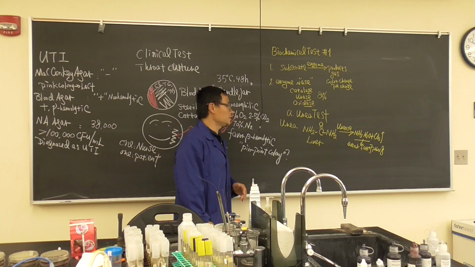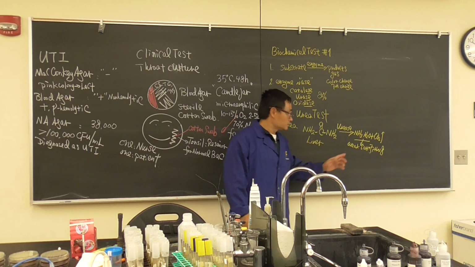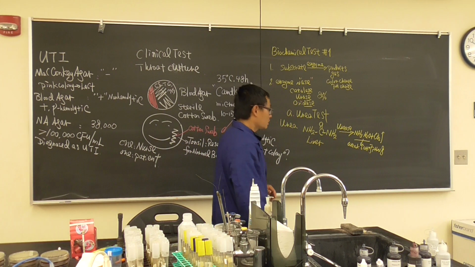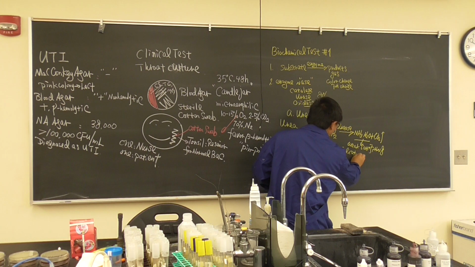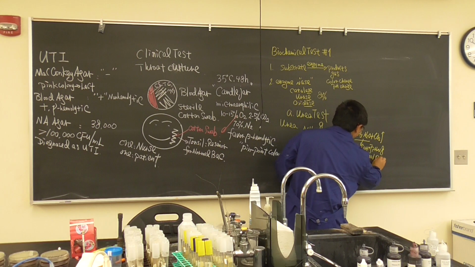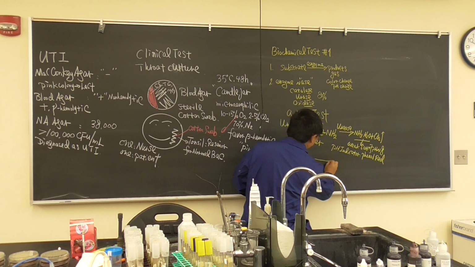So how do we know the urea has been broken down into ammonia and carbon dioxide? We have a pH indicator called phenol red. And this phenol red is very interesting.